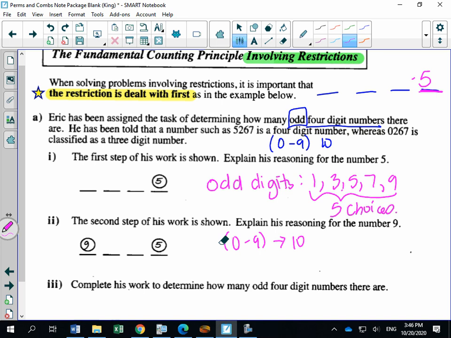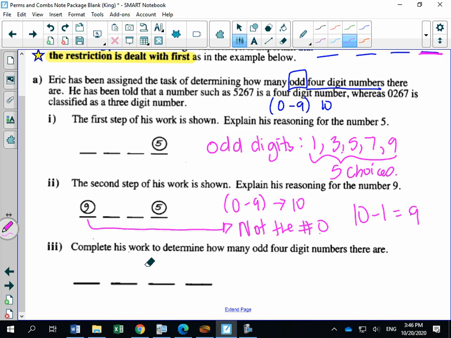The reason he has 9 possible choices is because the first stage could be the numbers 1, 2, 3, 4, 5, 6, 7, 8, or 9, but not the number 0. We had 10 possible choices, we're taking out the number 0, so that gives us 9 possible choices in the first stage.